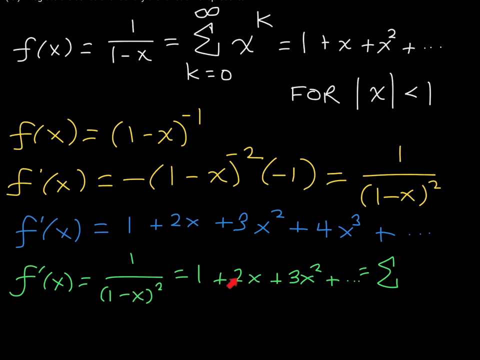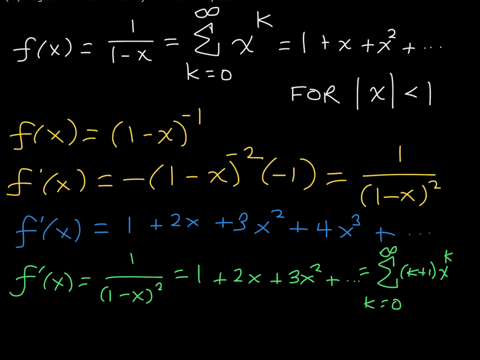Power 1, coefficient is 2. Technically, it's x to the 0th power, and the coefficient is 1. So I know the coefficient will be 1 more than the power. So it can be written like this, k plus 1, and then x to the power of k, as k goes from 0 to infinity.